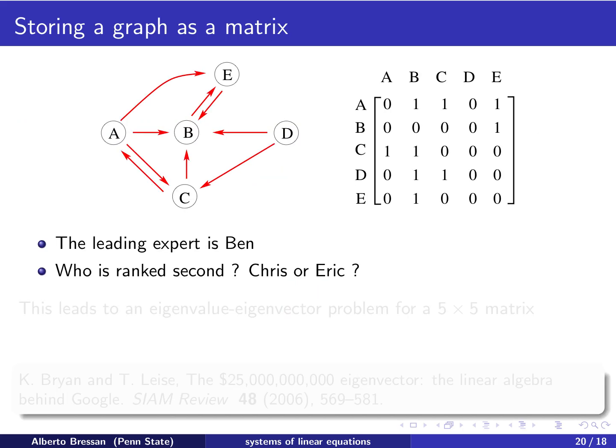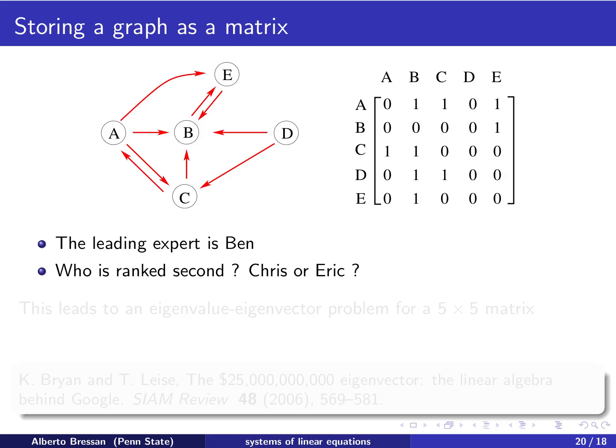So one can generate this matrix of linking. A, B, C, D, E here, and A, B, C, D, E here. The entry of this matrix will be 0 if there's no linkage. And if there is any linkage, let's say A is linked to B, then from A to B, this element is marked with 1.